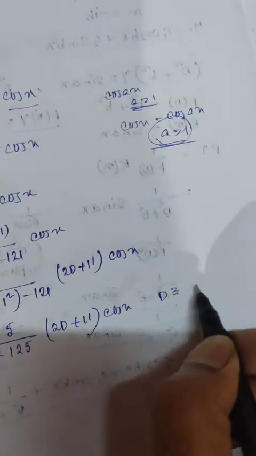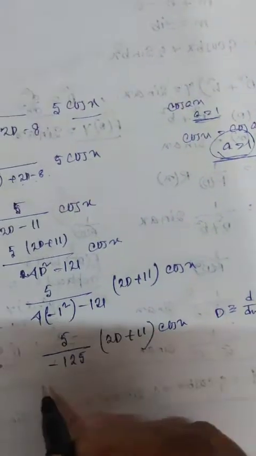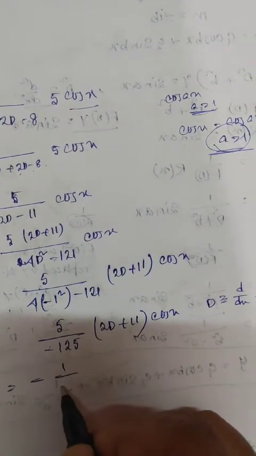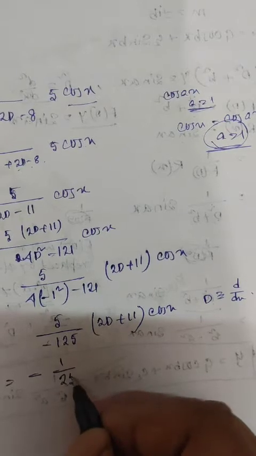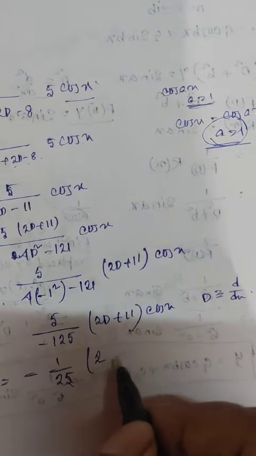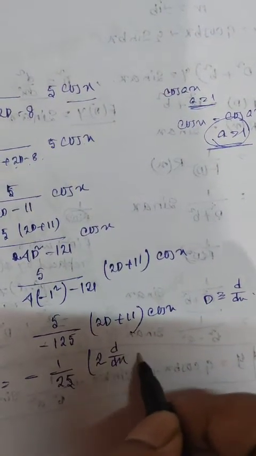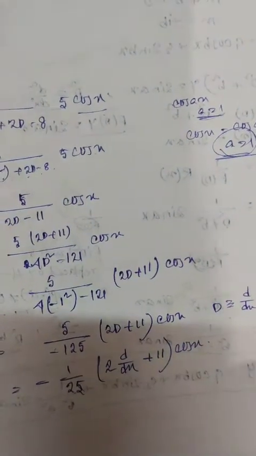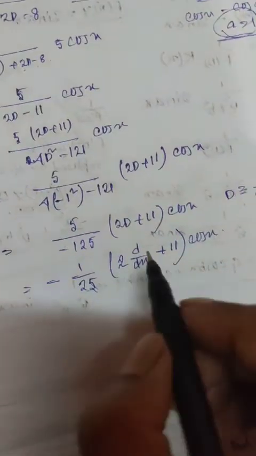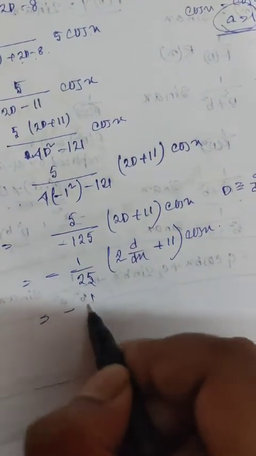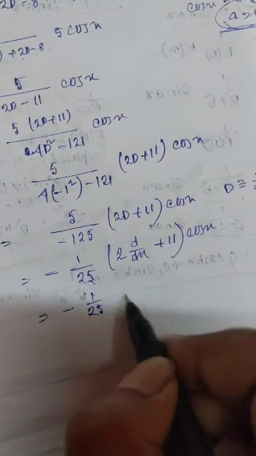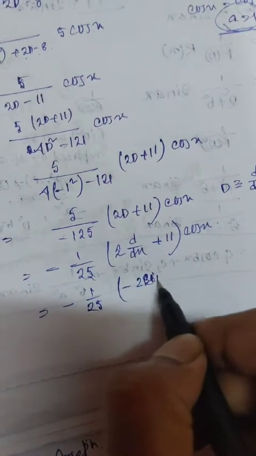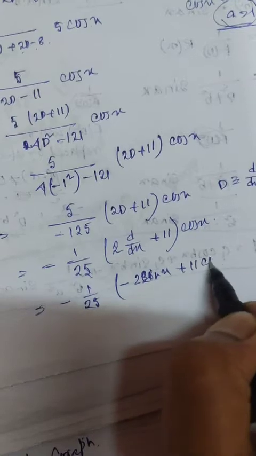And here d stands for d by dx. That means we can write it as minus 1 by 25 times 2 d by dx plus 11 cos x. If we simplify, we get minus 1 by 25 times minus 2 sin x plus 11 cos x.